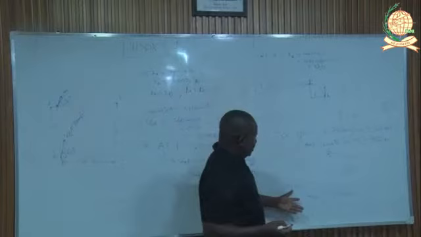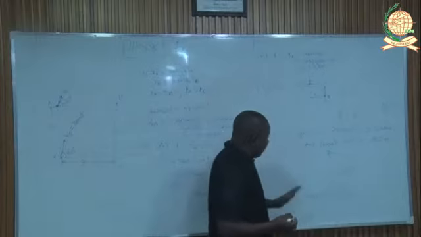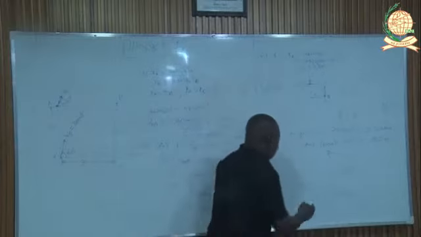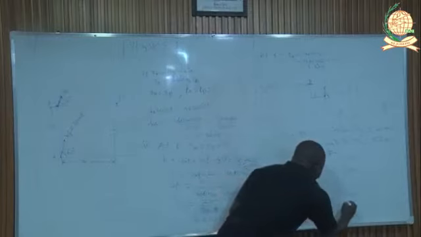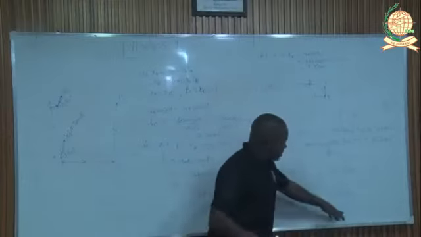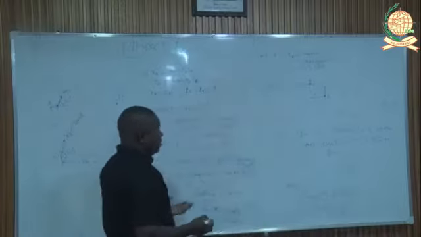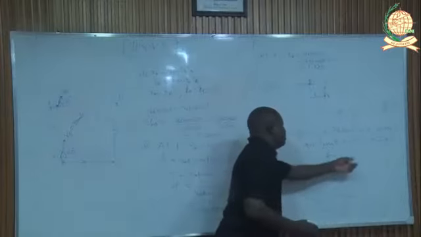So the safe velocity for a smoothly banked road is this one. So tan theta is equal to velocity squared over r g. Velocity we have been given, g is known, r we don't know. That's why we have been given this information so that you can use it to get r.